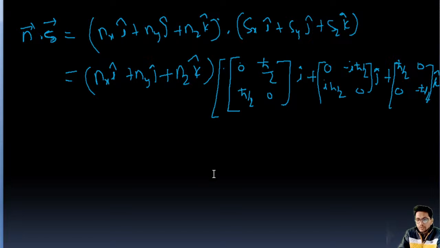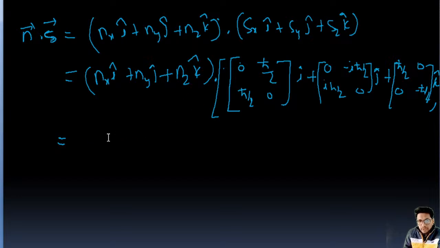Now what we are going to do is we'll solve it further. So we know the dot product, right? How we can do dot product? This one, this is dot product. So n dot s is going to be this one. We'll add it, right?